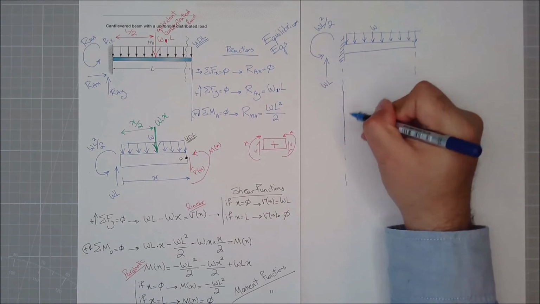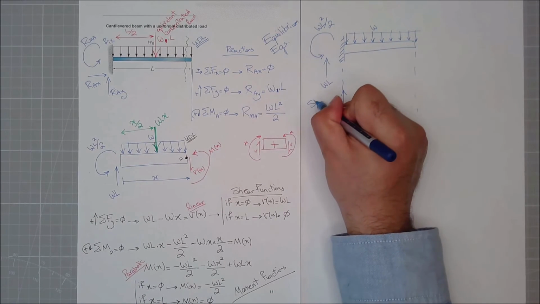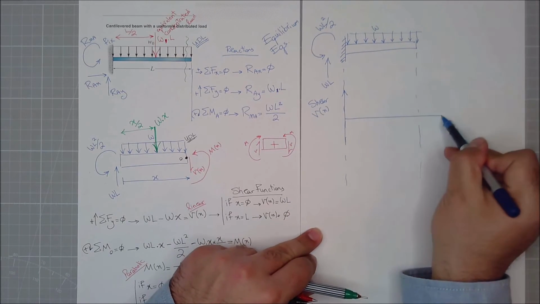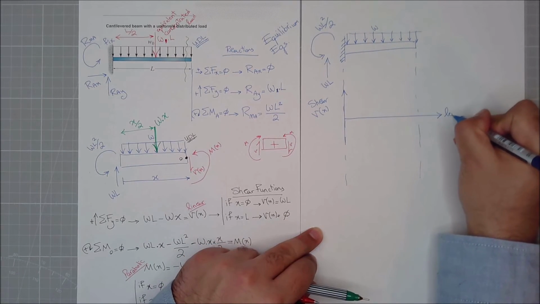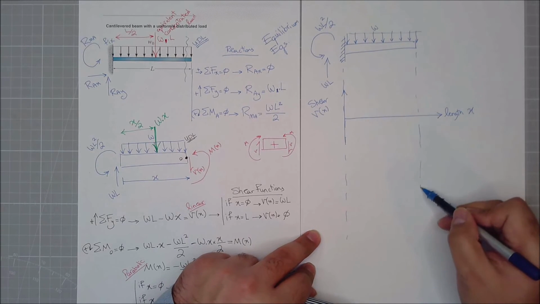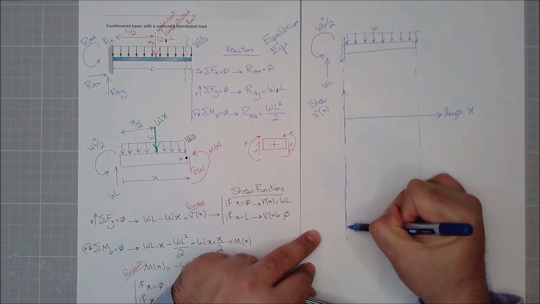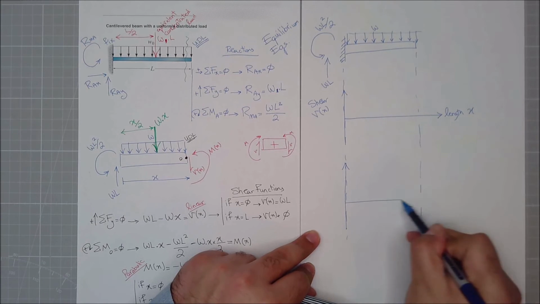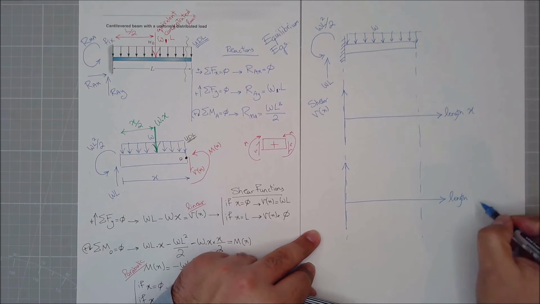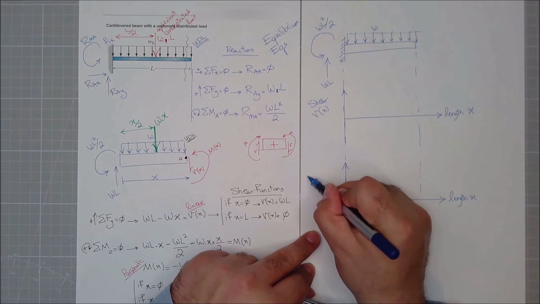Let's draw the shear. So this is the shear function, Vx. This is the length, let's say x. Let's draw the moment diagram as well. This is the length, and let's say x, and this is the moment.